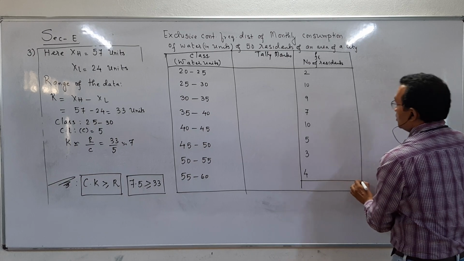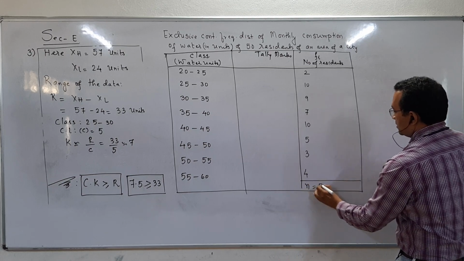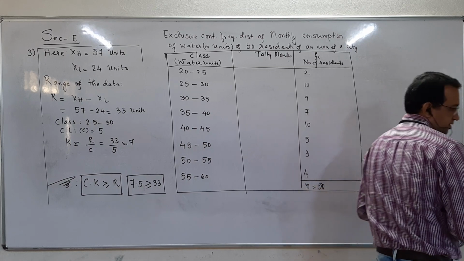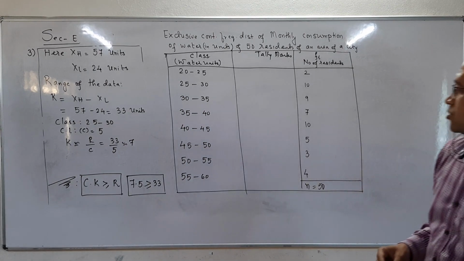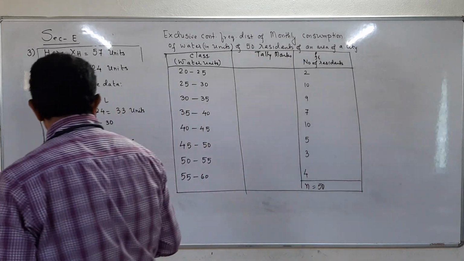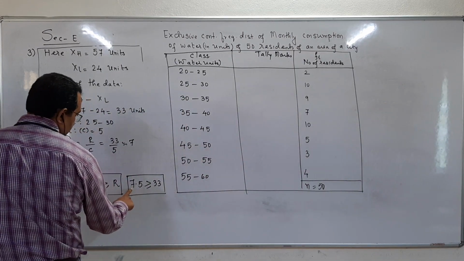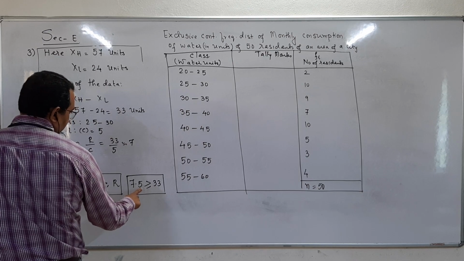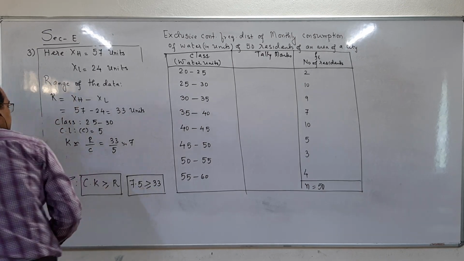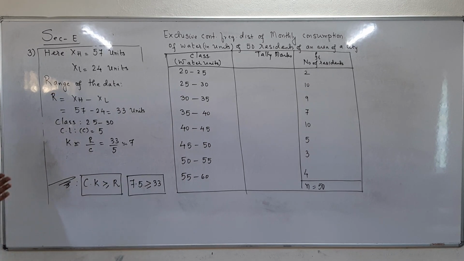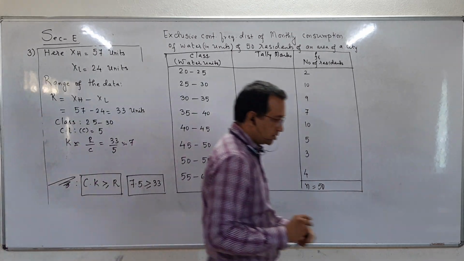And of course the total will be 50, because the number of residents is 50. So now this type of sum, students, is very easy. Here it is 7 into 5, which is 35, greater than 33. The relation C into K greater than or equal to R, students, must always be followed.